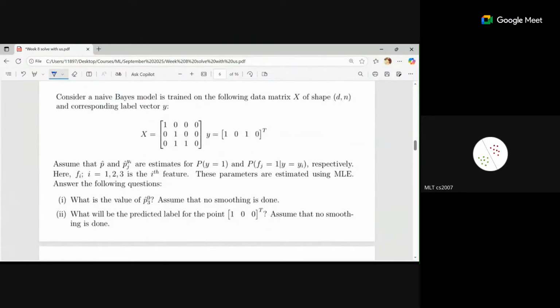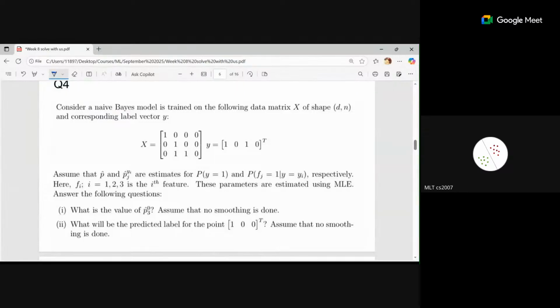Okay, question number 4. Again, we have a linear model trained on this data matrix X, which is of shape D cross N, that is 3 cross 4, and the label vector Y. P hat and P hat J yi are the estimates of probability Y is equal to 1, and the estimate of probability of X_J is equal to 1 given Y is equal to yi.